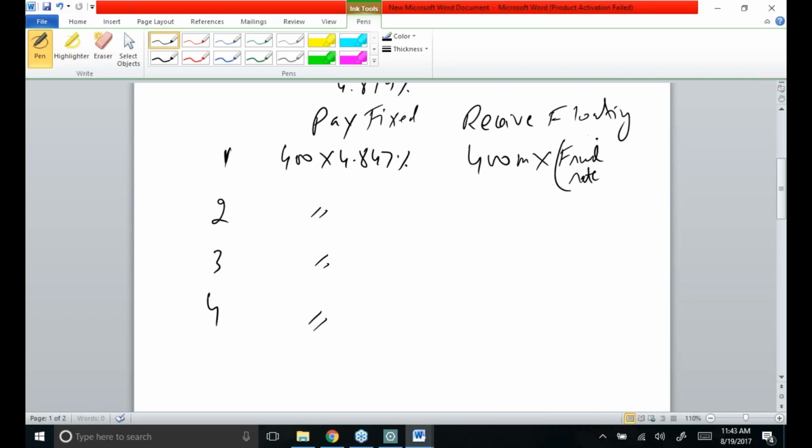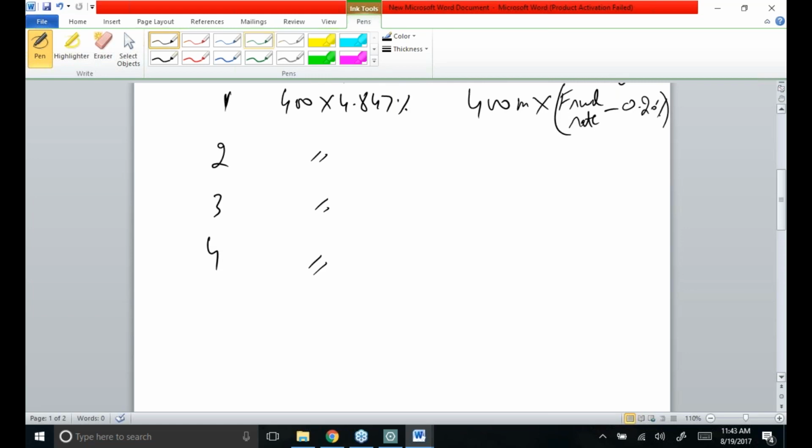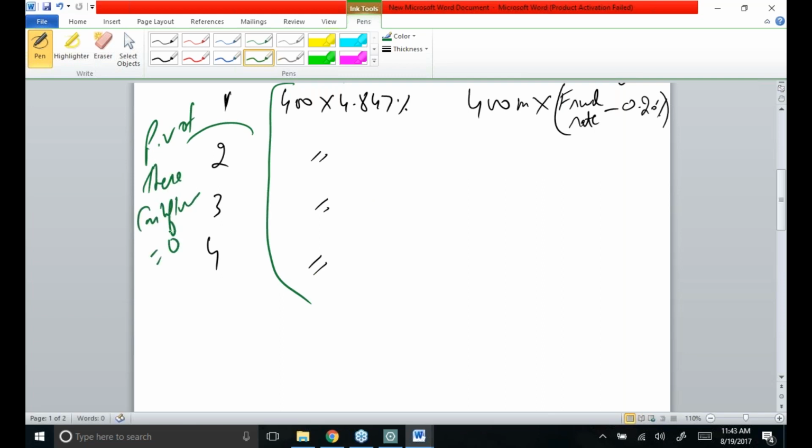The floating rates are based on forward rates minus 20 basis points, and the difference of all these years will be discounted, and the present value of these cash flows will be 0.